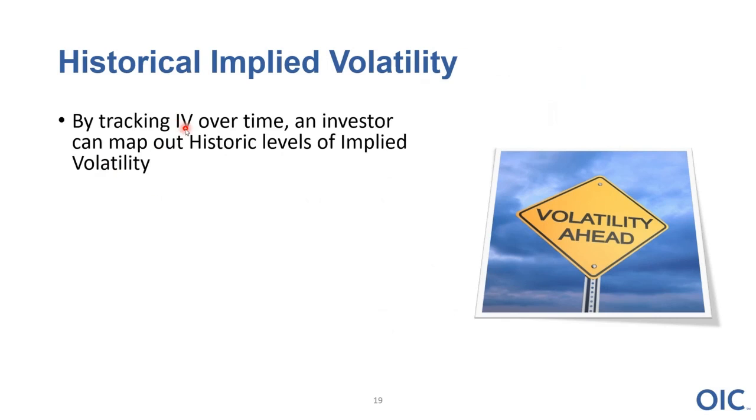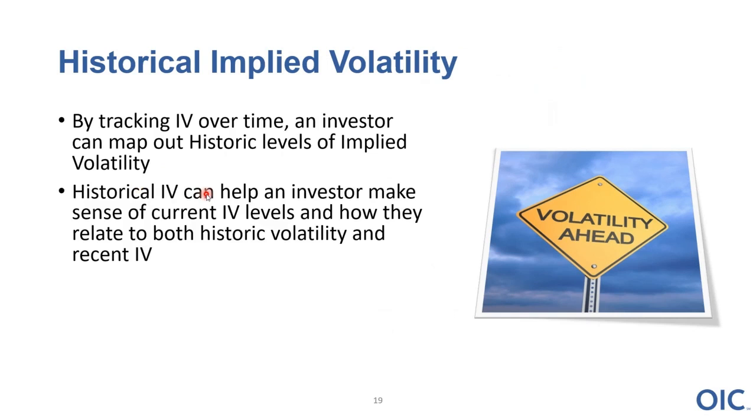By tracking implied vol over time, an investor can get a sense for where the current level is compared to the historic levels of itself. Today's implied vol level versus past levels of implied vol.